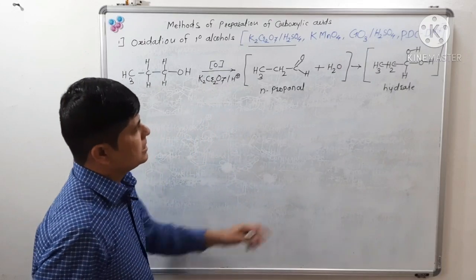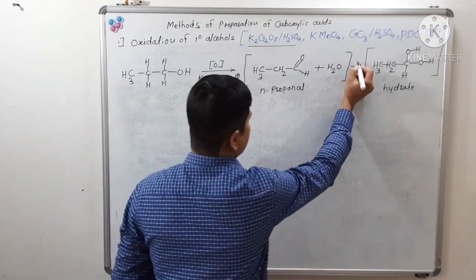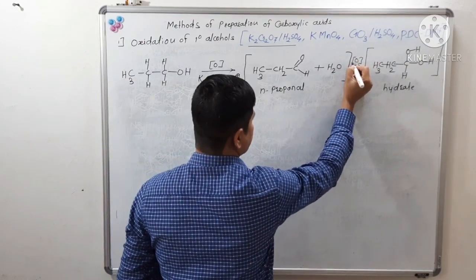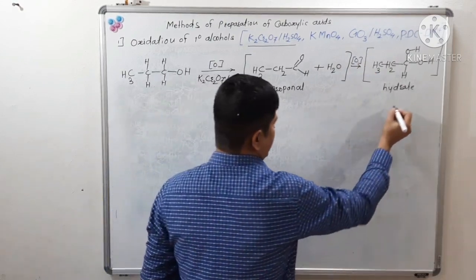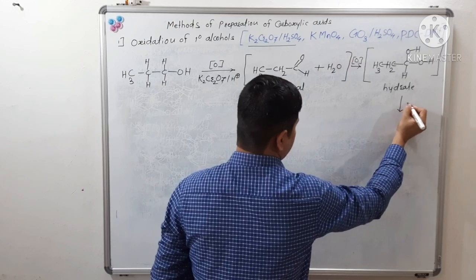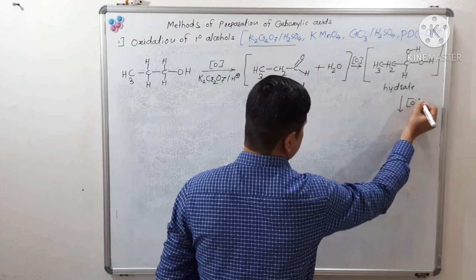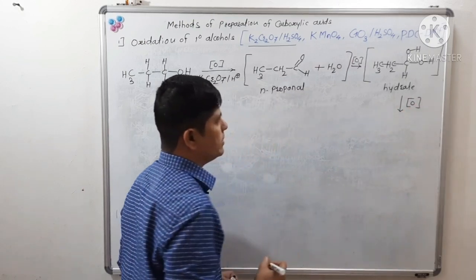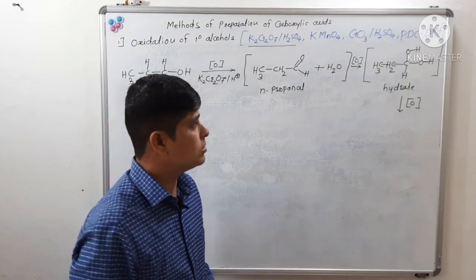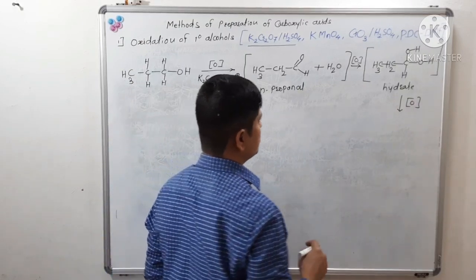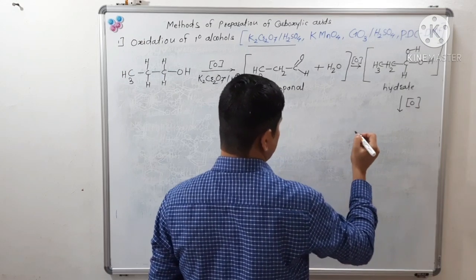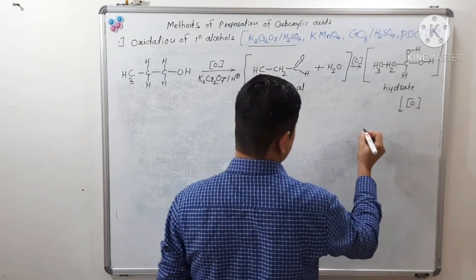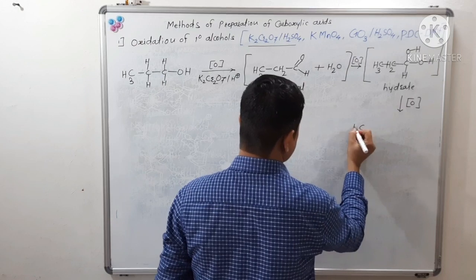Now this hydrate will undergo oxidation again. The net reaction is oxidation here also. That means there will be a loss of water molecule. So what we will get in the next step?